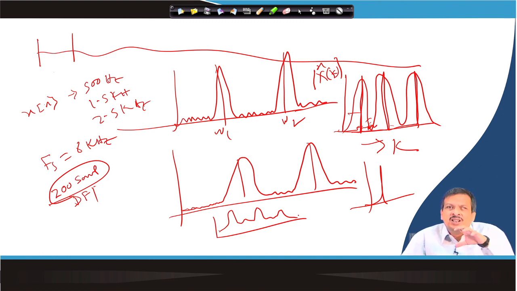But suppose some modification has to be done at the spectral level. Then you have to go to the frequency domain, do the modification, and then take the inverse DFT, and you get back the signal. So, DFT is the analysis and IDFT is the synthesis. Both are used in speech signal processing for the short term Fourier transform, which I will explain in the next lecture.